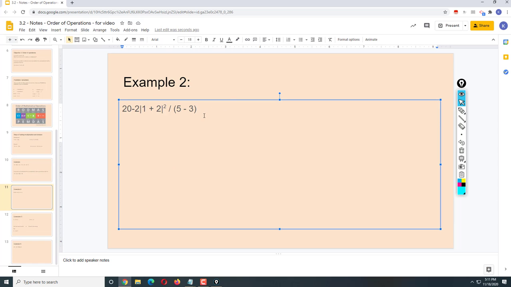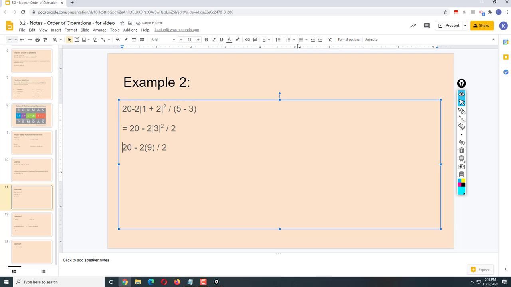Okay, this one. So first we do parentheses. So we do everything inside parentheses first. This is like a parentheses or a bracket. 5 minus 3 is 2. Next we do exponent. 3 times 3 is 9.